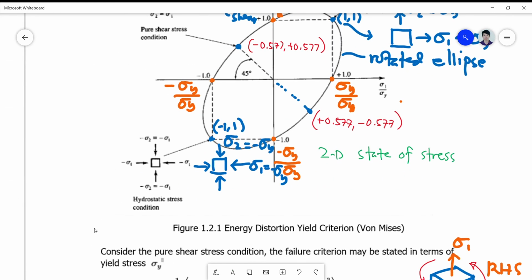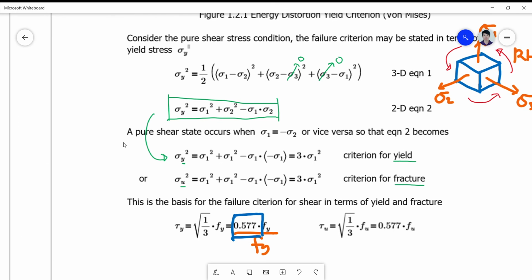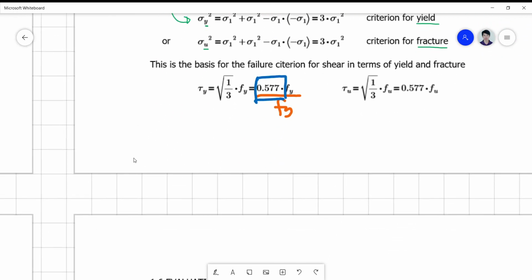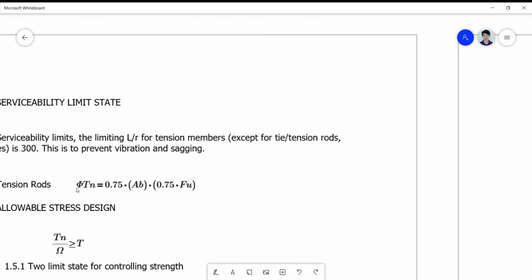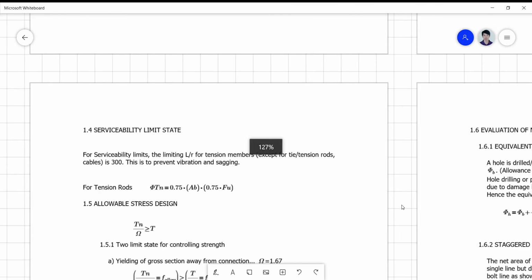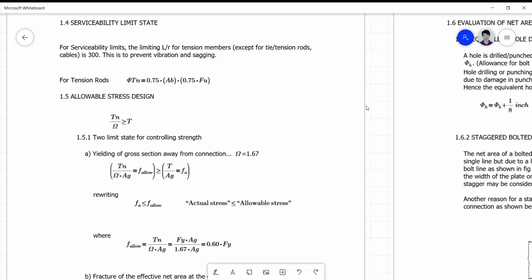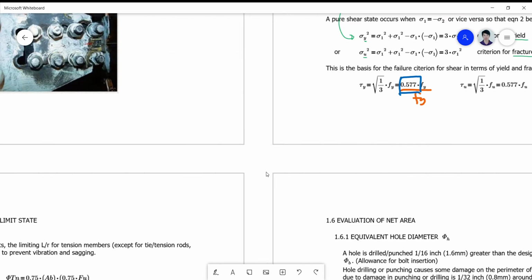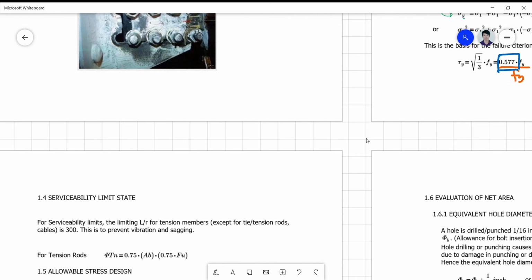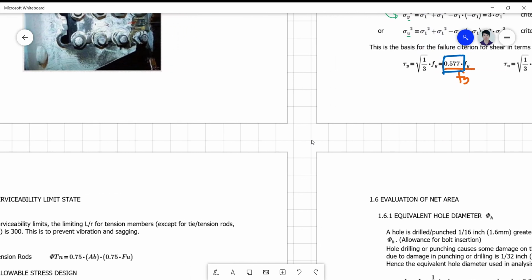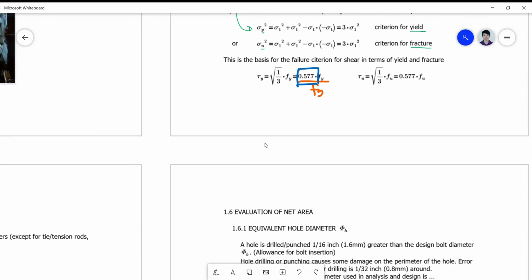So what is now the impact of such a coefficient on the allowable shear stress that we have been using in allowable stress design, wherein your shear allowable is actually 0.6 of Fy.